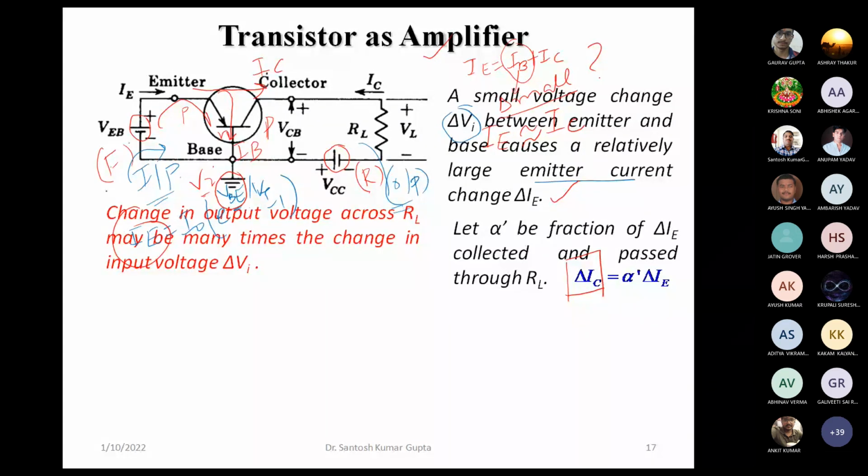Now the change in the output voltage across RL is equal to RL times the change in IC. So we changed the input voltage, that resulted in a change in IE, that makes a change in IC and the output voltage VL.